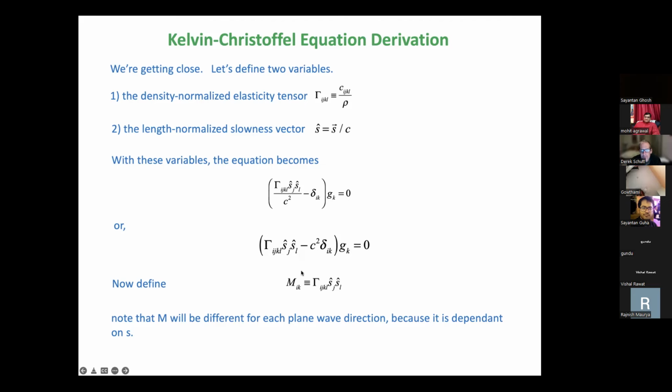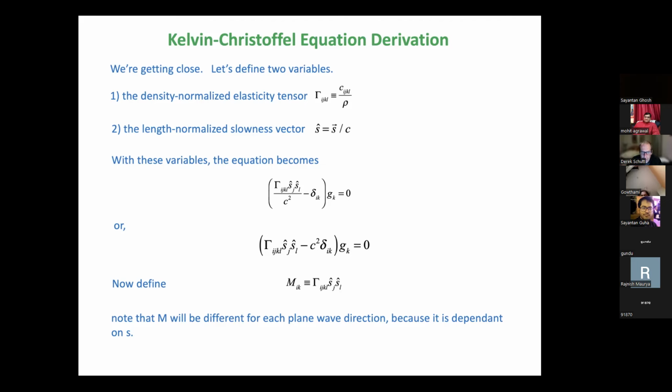And now we will define M_ik as gamma_ijkl s_j s_L. And here I'd note we have two dummy or summation indices, so s_L and gamma_L, and s_j and gamma_j. So we are only going to have 9 components to M_ik, and the j and L will be completely summed over.